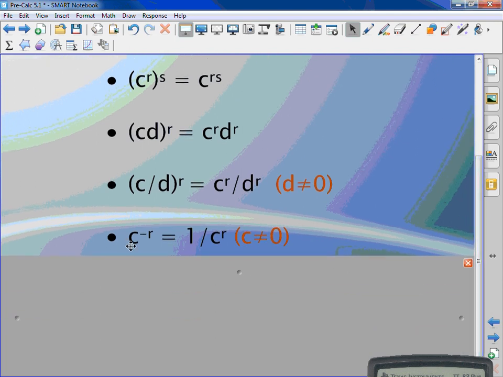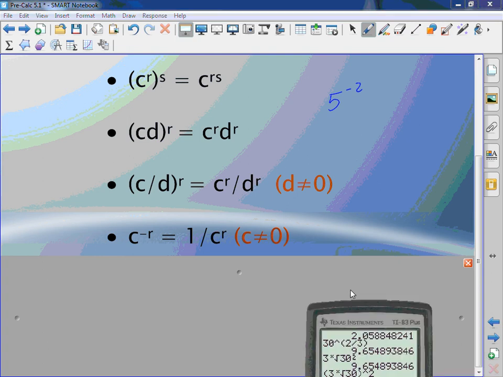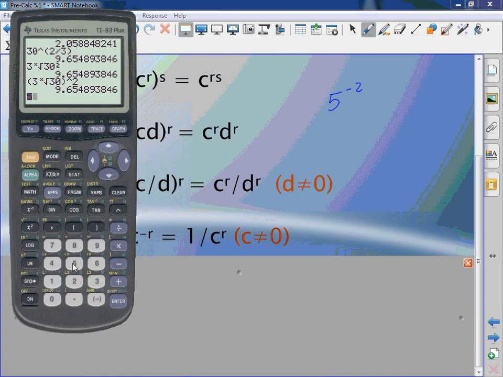If I have c to the negative exponent, this is the one you've got to be careful of, the negative exponent. If I have 5 to the negative second power, the calculator tells me it's 0.04. If I hit math, enter, enter, I get 1/25.